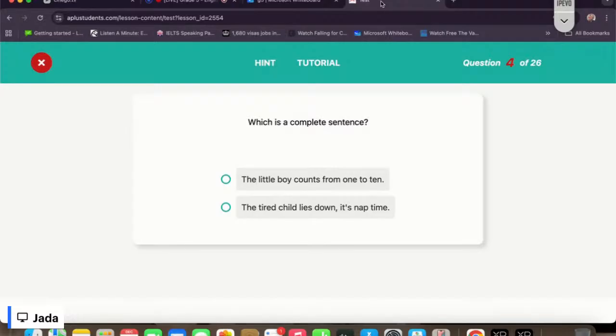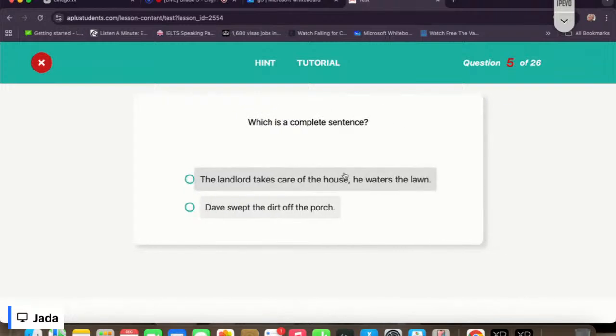All right, so complete sentence: "The little boy counts from 1 to 10." So which is a complete sentence here, first or second?